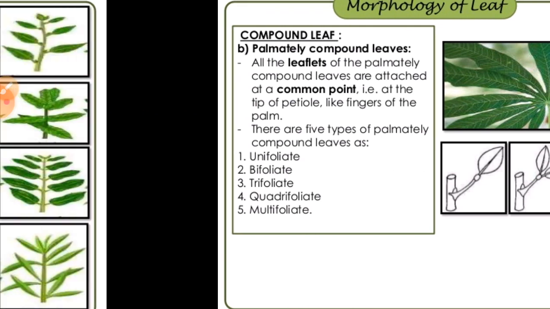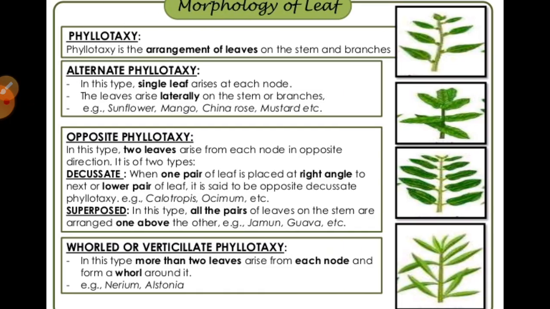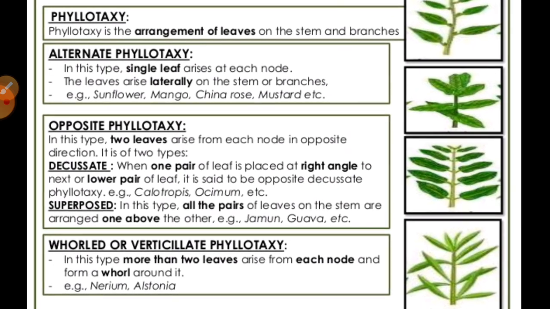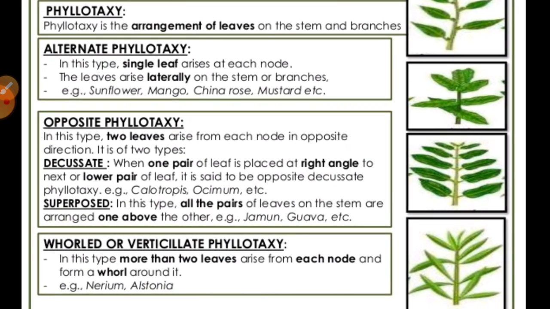Now we have to talk about the next thing, that is known as the phyllotaxy of the leaf. What is this phyllotaxy? Simply we can say the arrangement of the leaves on the stem or branch is called the phyllotaxy. It means how the leaves are arranged in different plants.